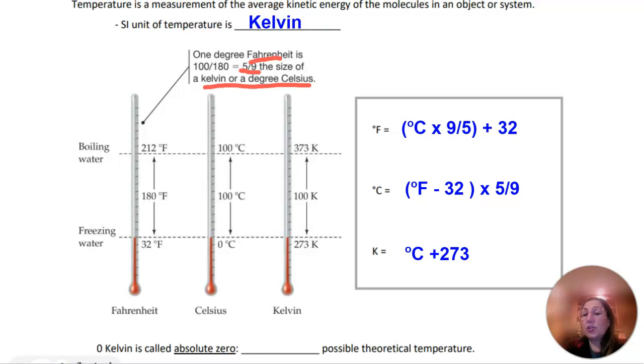Now, Kelvin is just the Celsius temperature plus 273, because Kelvin sets the 0 point at what we call absolute zero, or 0 Kelvin. So to get from 0 degrees Celsius to Kelvin, you're just going to add 273. Whereas absolute zero on the Celsius scale is negative 273.